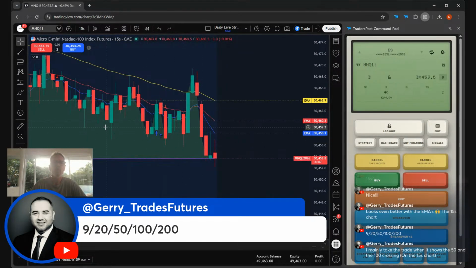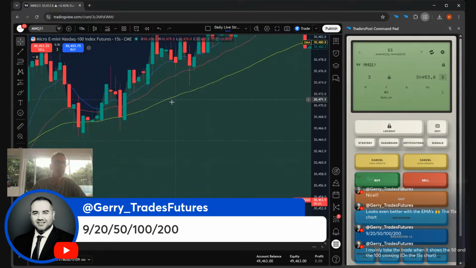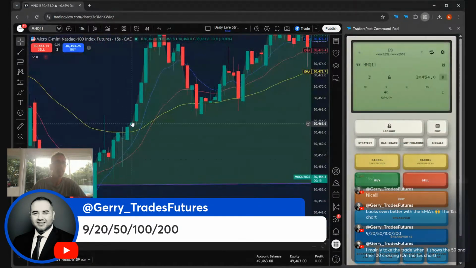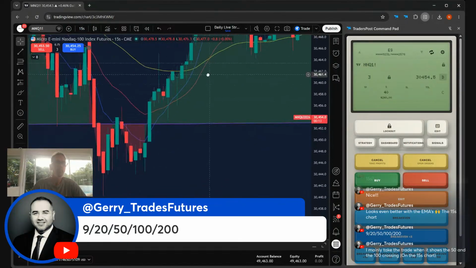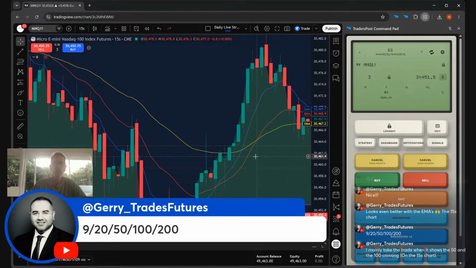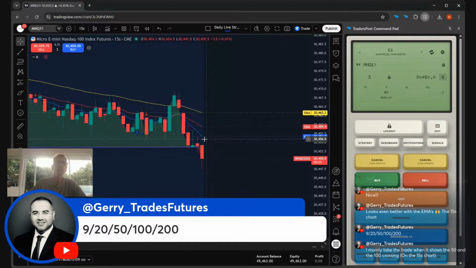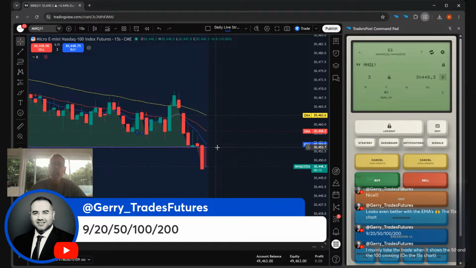Does seem to be pulling back to the 200 pretty regularly here. But we are down below the VWAP in a pretty strong downtrend, so I don't want to jump into anything right now.